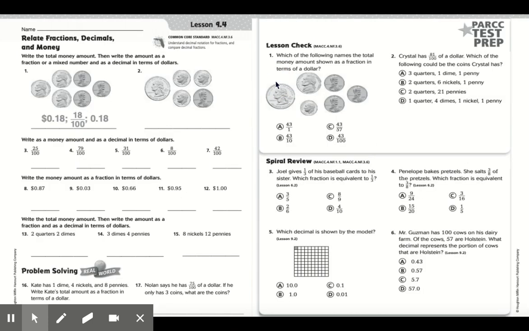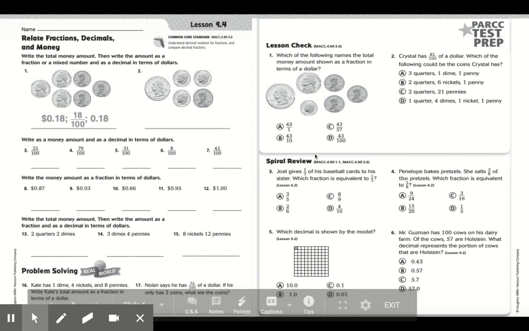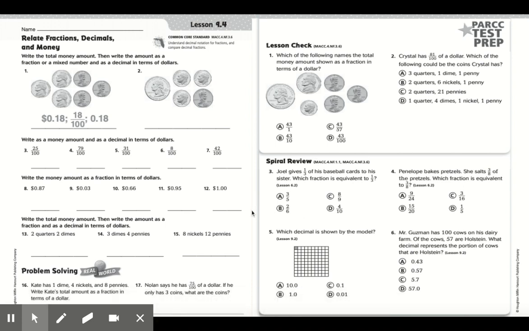Today, we're going to review Friday's and Thursday's independent assignment here. You did this on Thursday, the front side of 9.4, and on Friday, you did the back side. So I did notice in your work, a lot of you were not taking into account the word and.